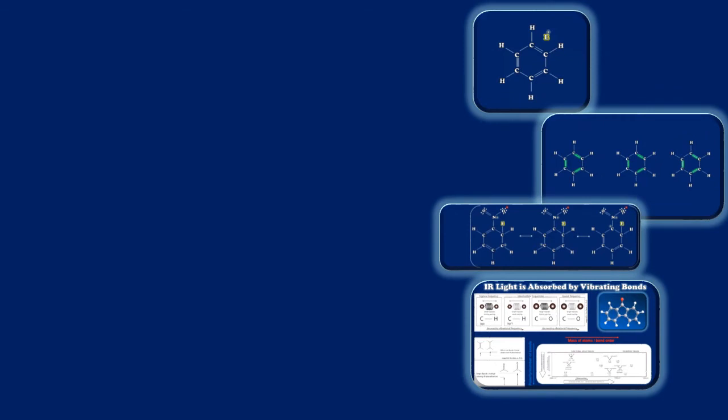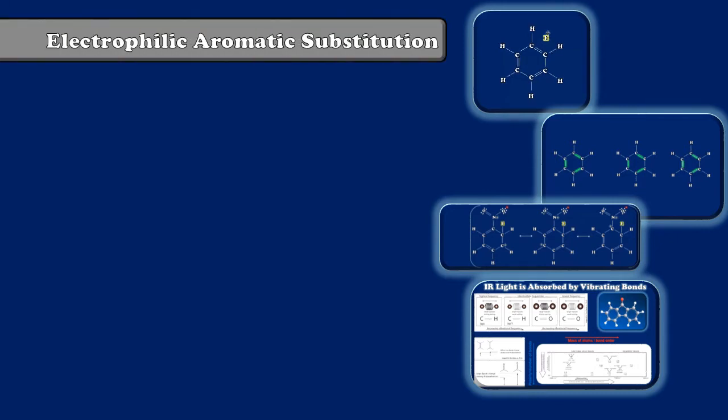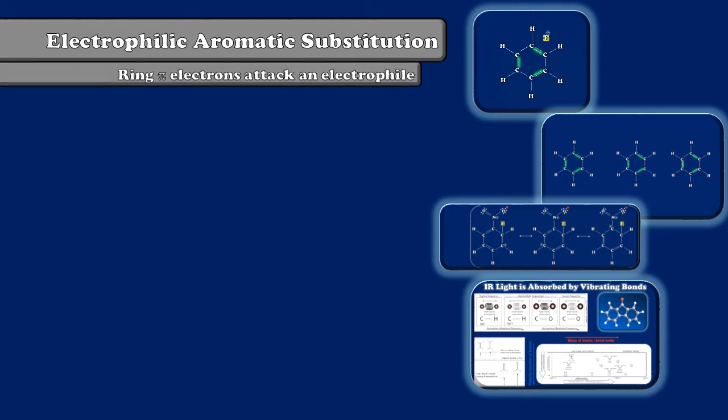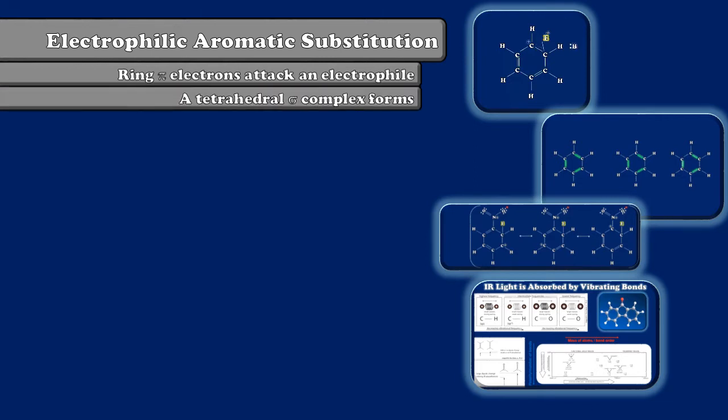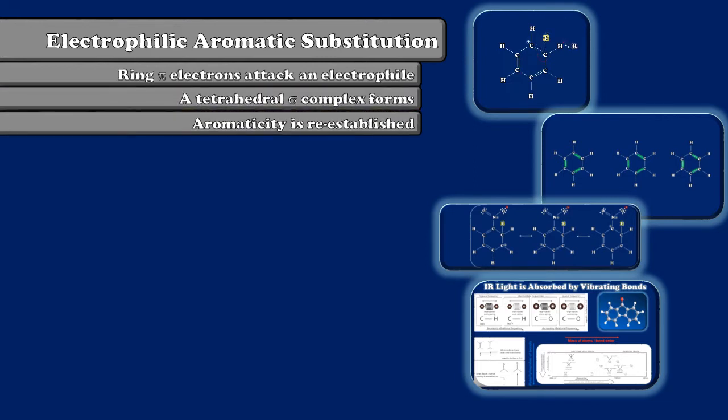So let's pause now to take a bit of a review on our fundamentals before we jump into the reaction for the week. We started by discussing electrophilic aromatic substitution. And we talked about how ring pi electrons attack an electrophile, generating what's known as a sigma complex. And that this sigma complex is then quickly deprotonated to reestablish the aromaticity.